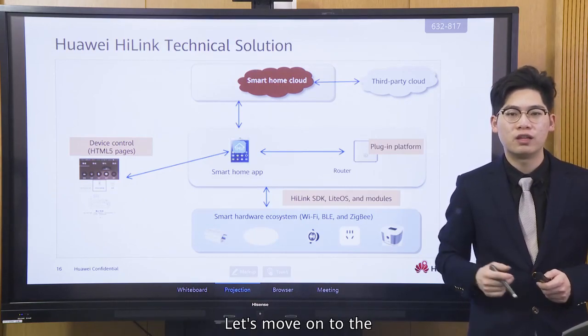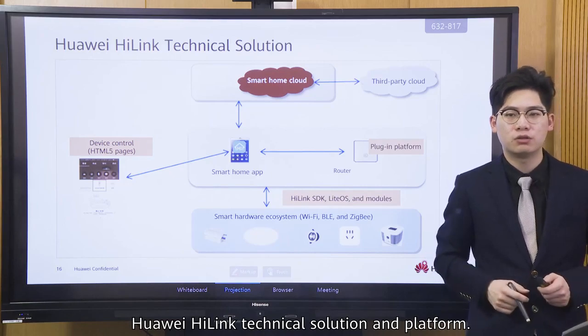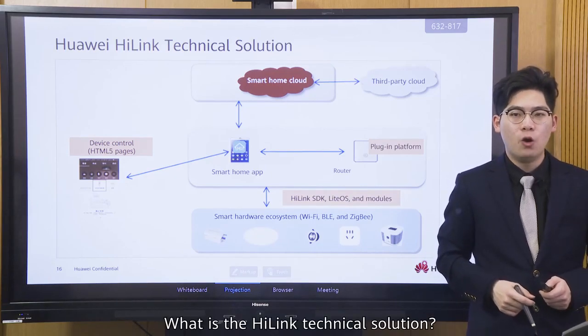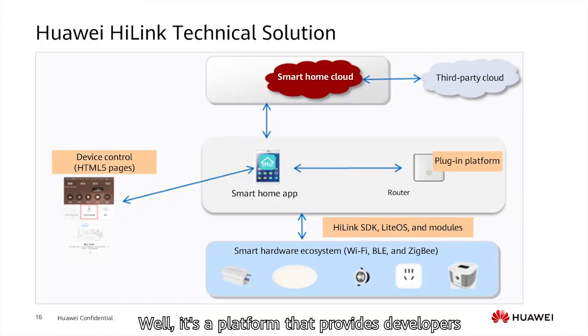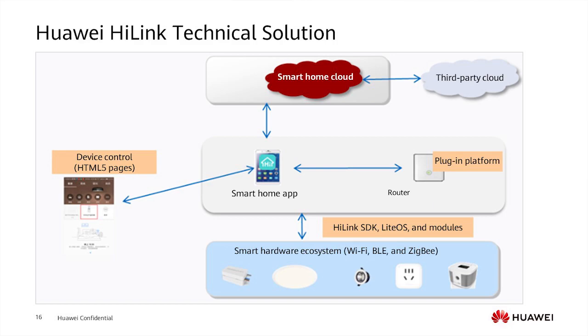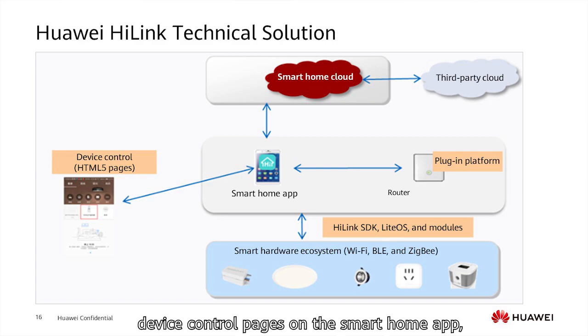Let's move on to the Huawei High-Link technical solution and platform. What is the High-Link technical solution? Well, it's a platform that provides developers with a complete set of development solutions, from protocols used by smart hardware, device control pages on the smart home apps, and the device control on the platform, to data sharing of hardware on the cloud.